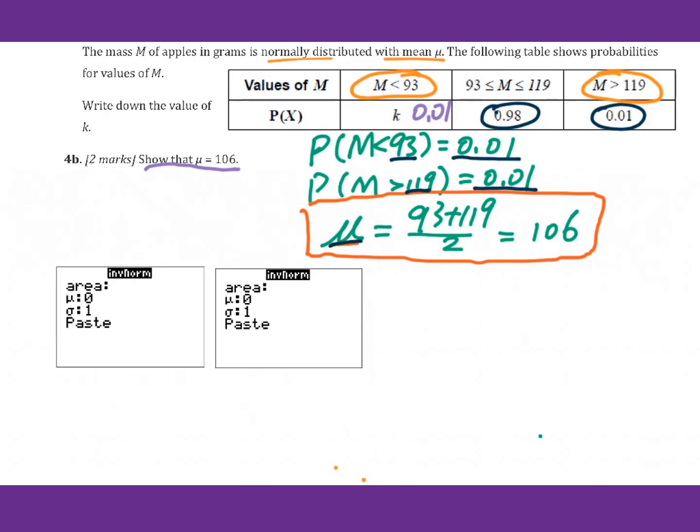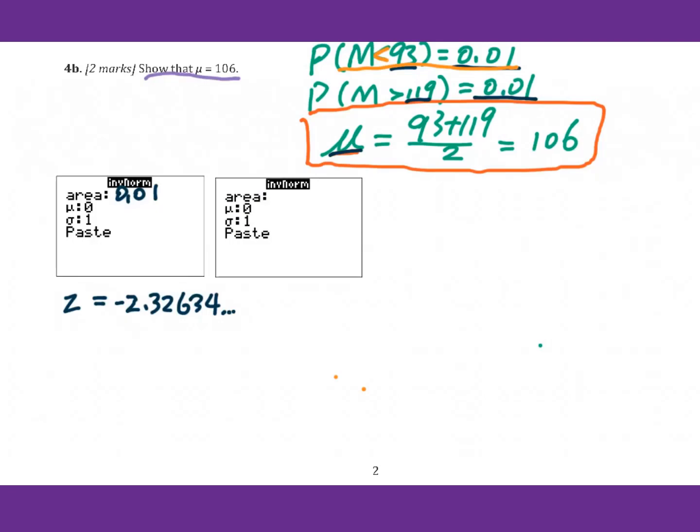For the probability M less than 93, since this is a less-than probability, we can put 0.01 directly into the graphing calculator. Then with mu equals 0 and sigma equals 1, you will get a z-score equal to negative 2.32634.